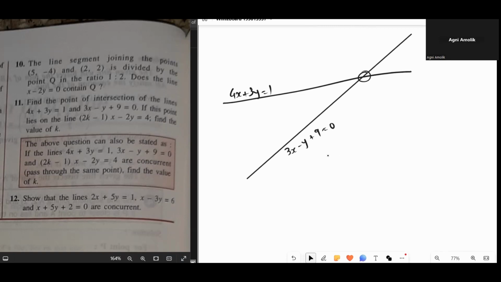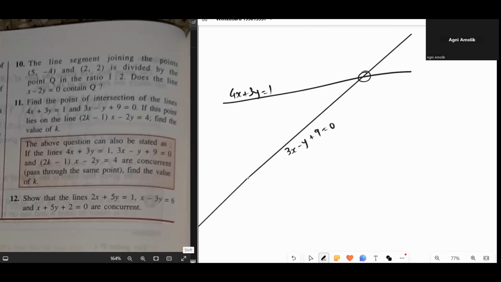Two lines will always intersect. Even if they are like this, one is here, they still intersect. Because this line, you have to extend it and they will intersect. These are lines, they're not line segments. What's the difference between line and line segment? Line segment has starting point and ending point. This is not line segment. This is line, which means there's no ending. We're just drawing that much, but we can extend it both ways.